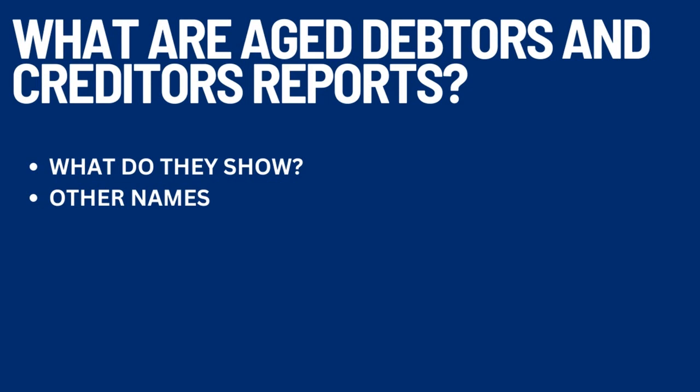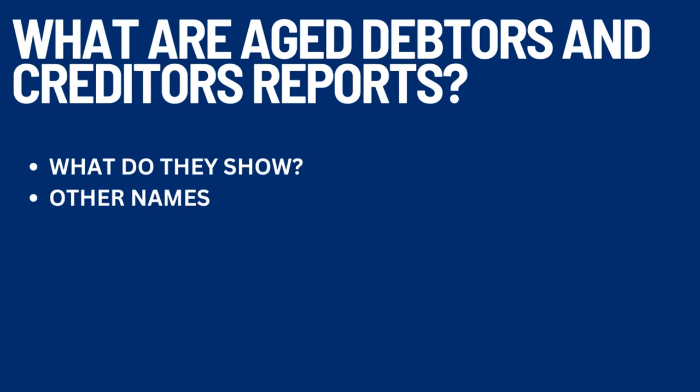Our trade debtors are the customers that a company or business invoices on credit terms, payment terms. Any of those invoices which are outstanding, so outstanding sales invoices, will show on the aged debtors report. The report shows what customers owe the entity.